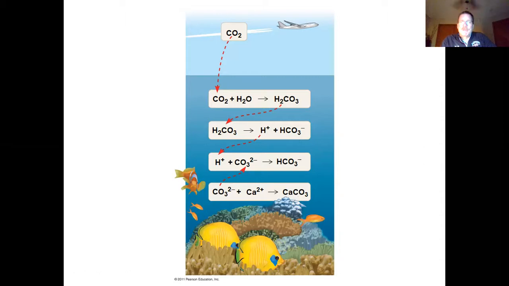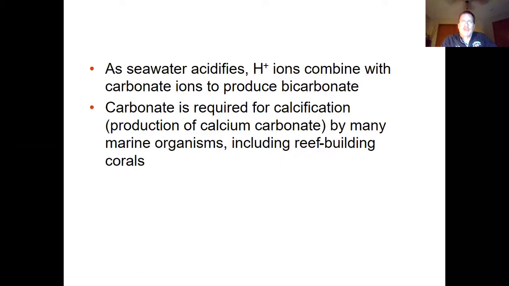Okay. So essentially, to absorb the carbon dioxide coming in and the extra hydrogens that throw off the pH in the water, you're binding them with the carbonate, which is coming from calcium carbonate, which is the basis for coral, shells, etc. As seawater acidifies, hydrogen ions combine with carbonate to produce bicarbonate.